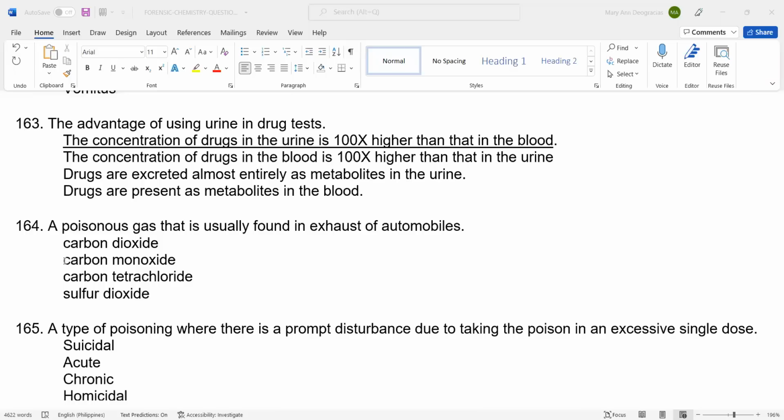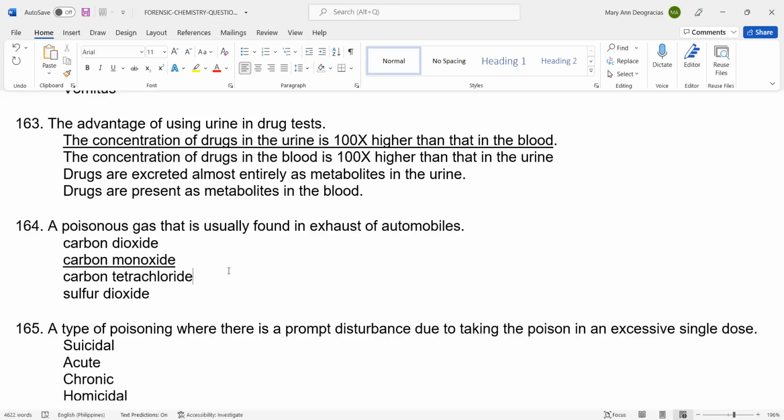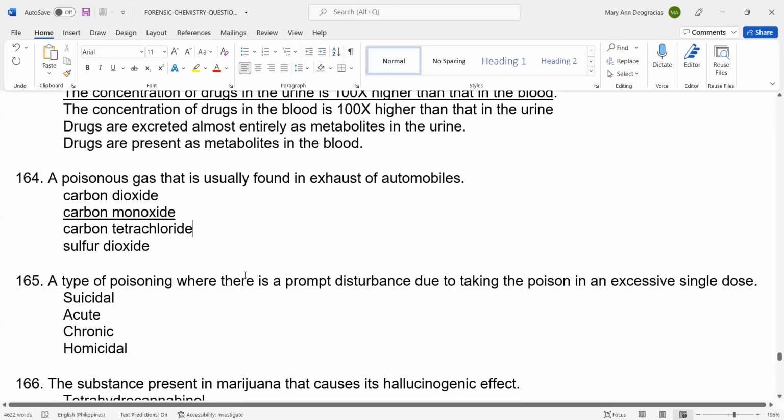Ano yung asphyxia? Okay, kulang sa oxygen, parang suffocation, no? So pag na-expose tayo sa carbon monoxide which is very poisonous, it can cause asphyxia. So kulang sa oxygen, sobra sa carbon monoxide.